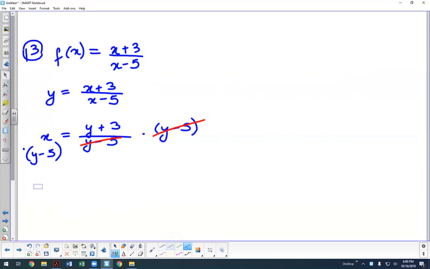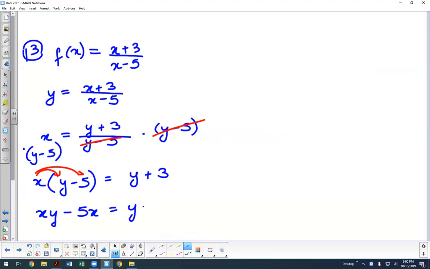And you end up getting x times y minus 5 and just y plus 3 on the right, once we get rid of our denominator. What can I do on the left-hand side? Actually, technically distribute. So x times y minus 5 times x equals y plus 3.